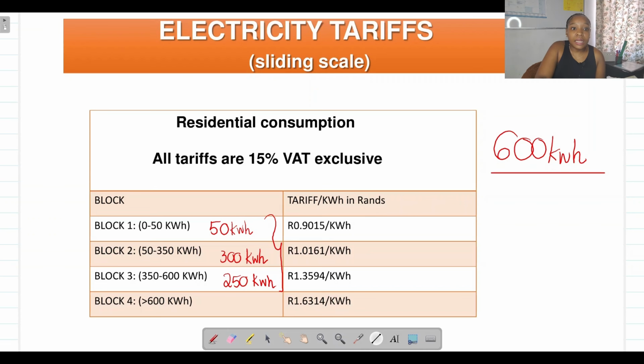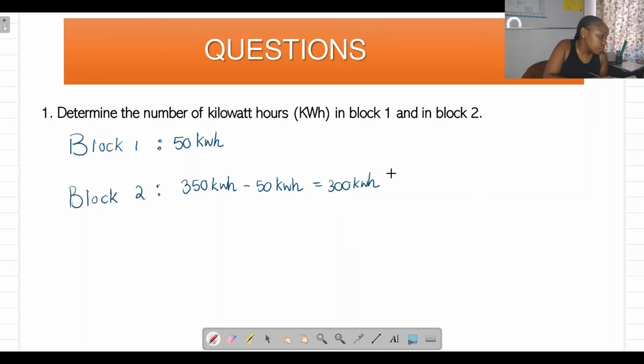So we're just going to write that down. All right, so the maximum amount of units that you can use in block 1 is 50 kilowatt hours, and the maximum amount of units that you can use in block 2 is 350 minus 50 kilowatt hours, which will give you 300. Okay, let us go on to the next question.